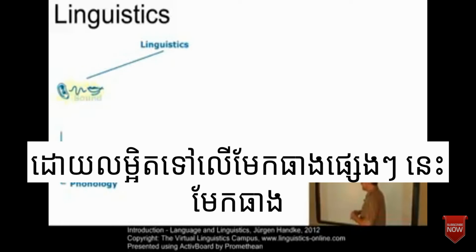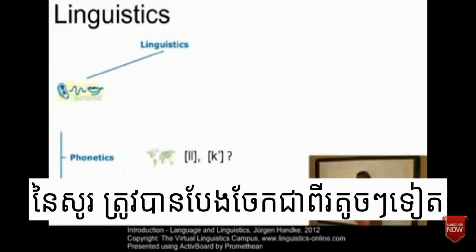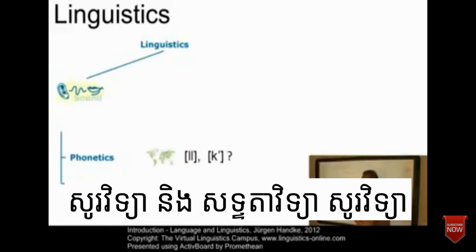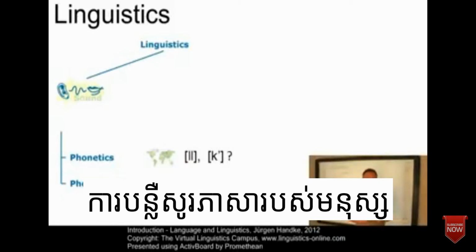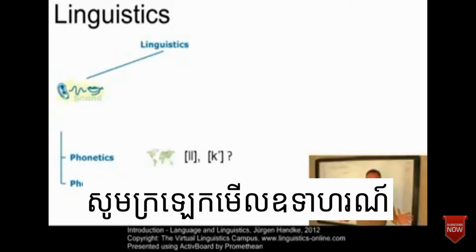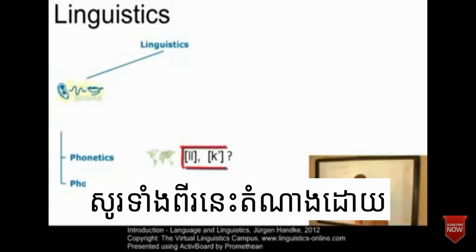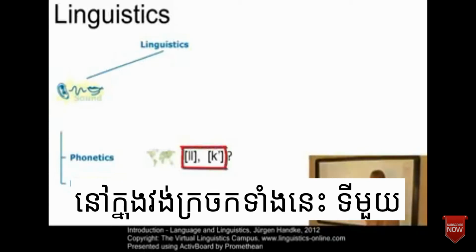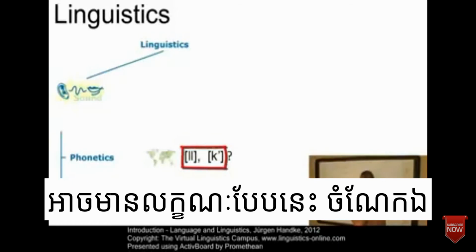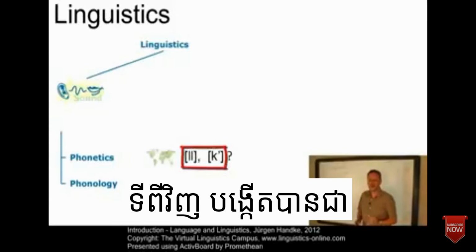Now, the branch of sound has two sub-branches, namely phonetics and phonology. Phonetics studies human speech sounds in general from various angles. For example, these two sounds here, which are represented in these angular brackets, the first one would be something like this one, and the second one, produced once, and in a vocalic environment.